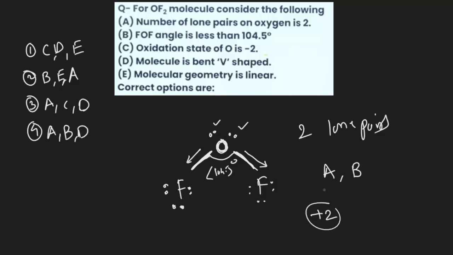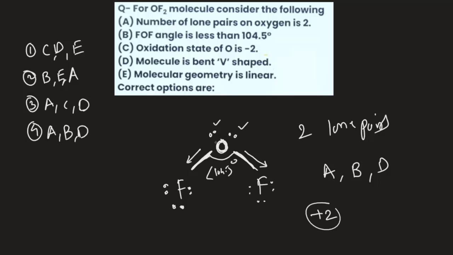Next one is molecule is bent V-shaped. So you can clearly see that this molecule is bent V-shaped because of the 2 lone pairs on the oxygen atom. So option D is also correct. Then finally, molecular geometry is linear. This is also incorrect.